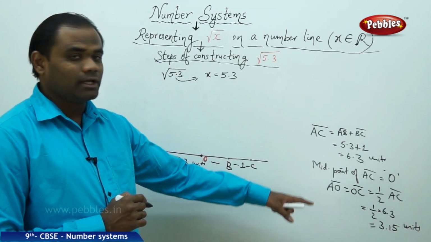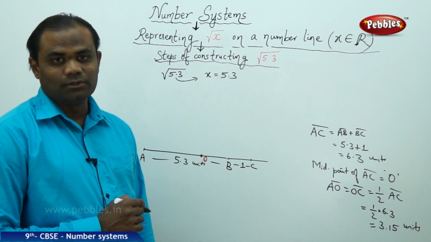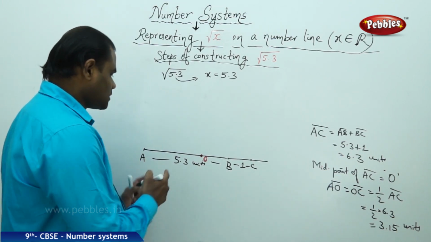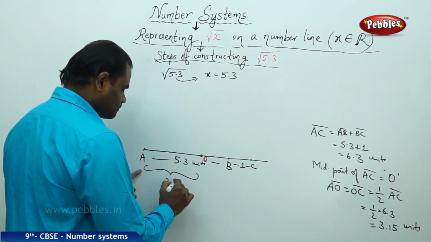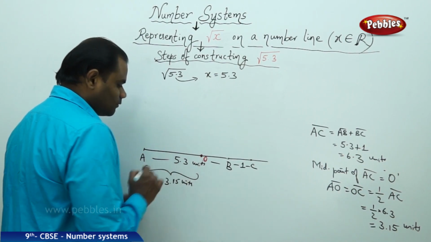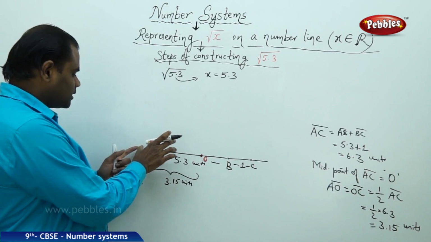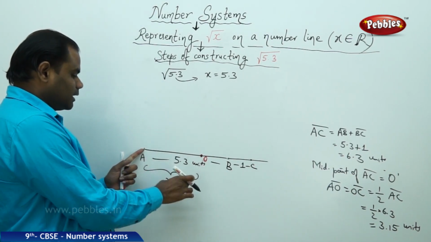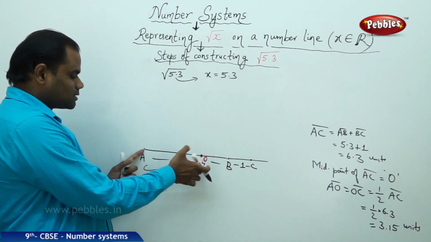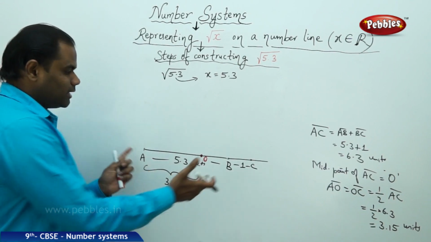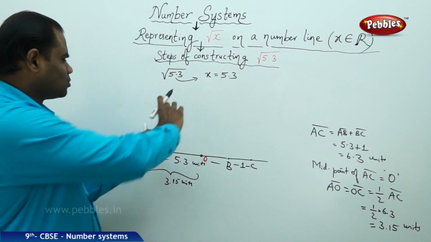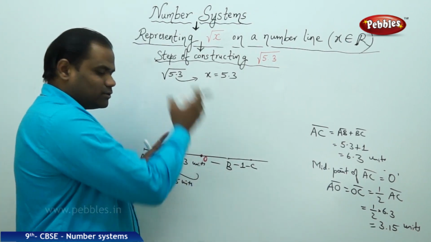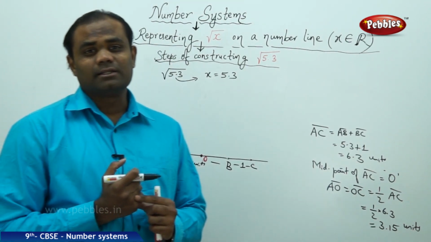So my AO is 3.15 units. Take the compass at A and cut a distance of 3.15 units, and then we get the midpoint. Or take the scale and mark exactly the middle point. There are different ways to do this, such as the perpendicular bisector, which also gives us exactly the midpoint.